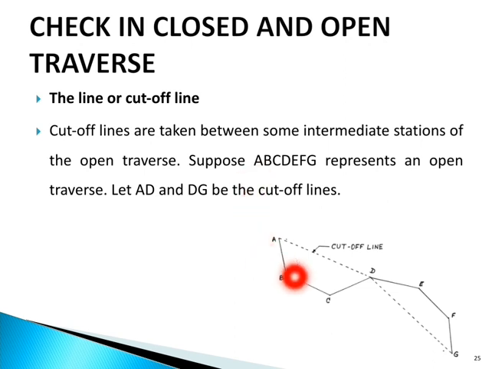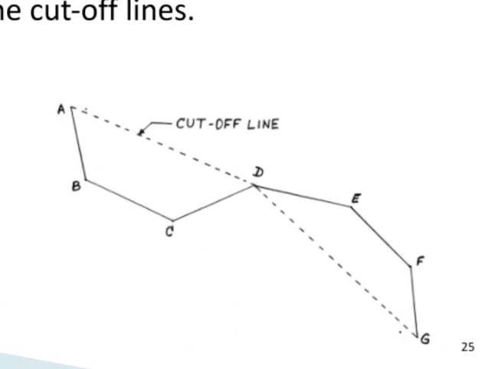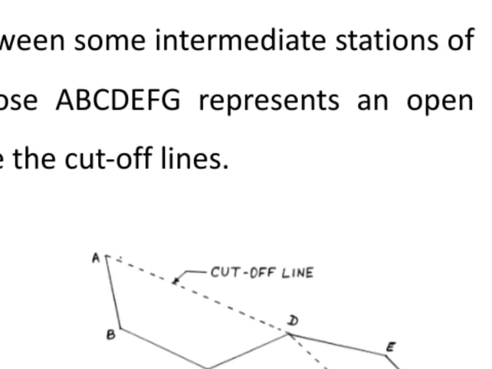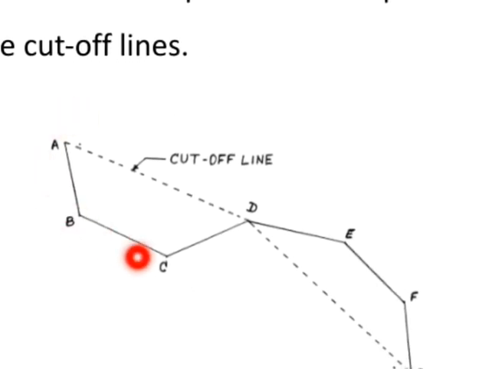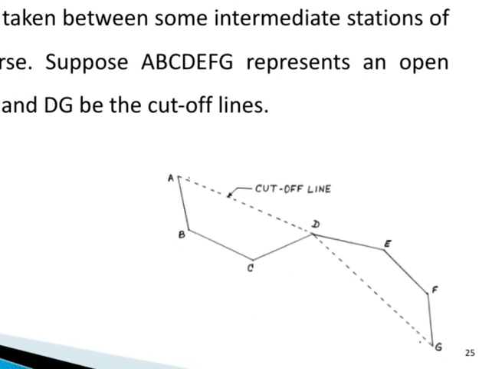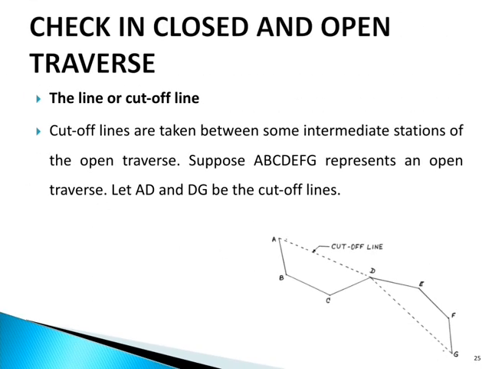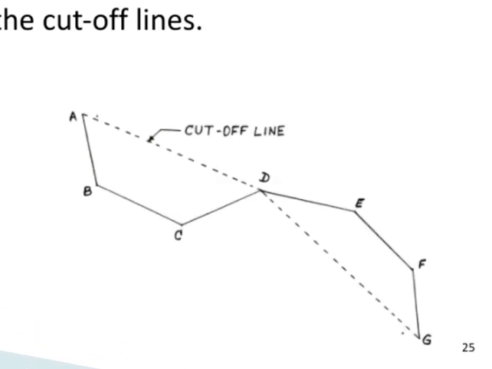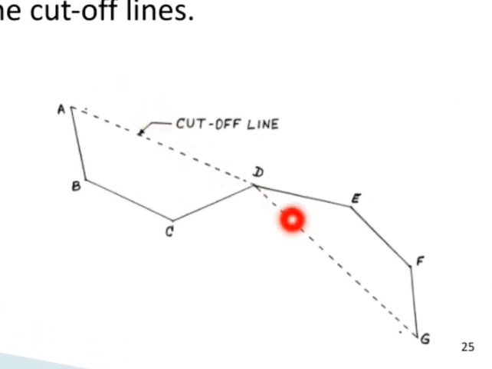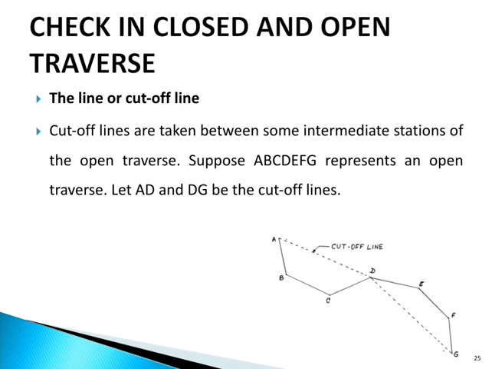Suppose A, B, C, D, E, F and G represent an open traverse, and let AD, shown as the dotted one, and DG be the cutoff lines.